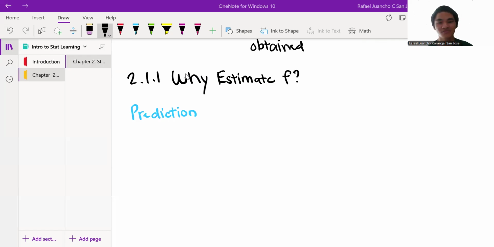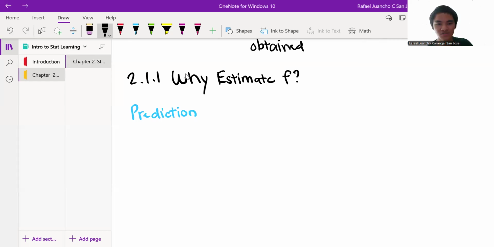But we have some things that we can control, which are the inputs: the TV, the newspaper, the radio. Okay, so that's that, right? So how can we use that to predict? In this setting, since the error term averages to zero, we can predict Y using this.